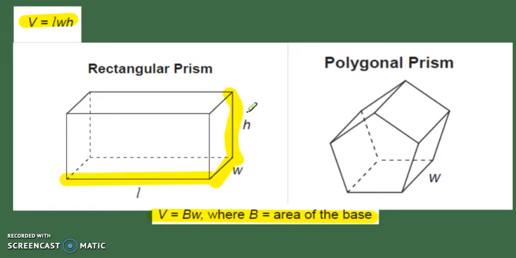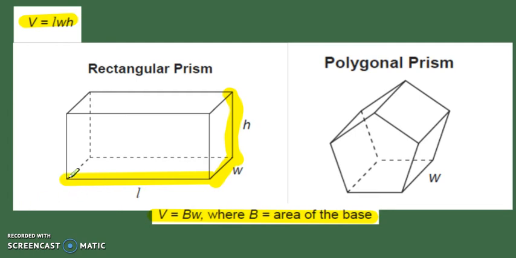This second one at the bottom that works for everyone says that you take B times the height. Well, B is the area of the base. Now in this case, for the rectangular prism, it wouldn't be times the width because that is part of our base. So we would use the height.